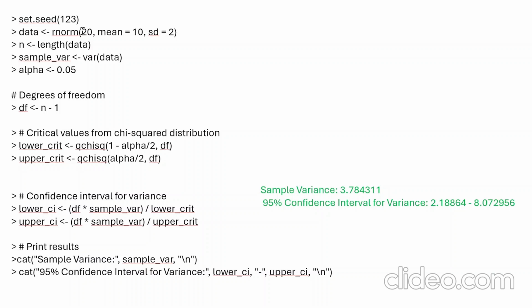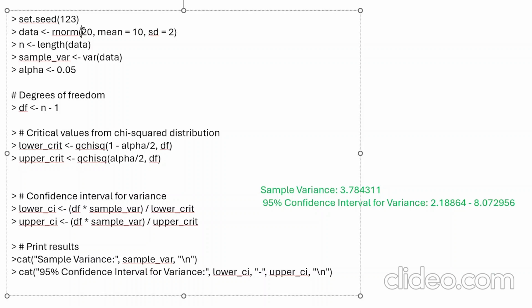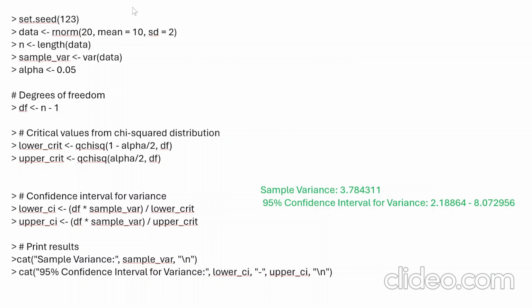So here, data is the 20 normal values with mean 10 and standard deviation 2. Then the length of data is fed to n, because we have to determine the degree of freedom. Then the sample variance is given by the variance of the data. It's very straightforward, like the mean of the sample is equal to the mean of data.